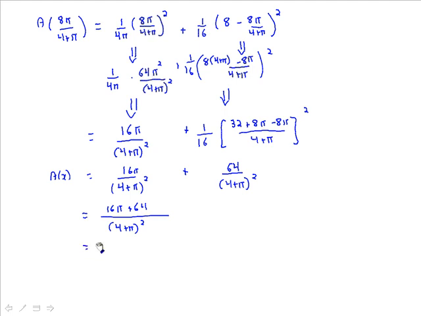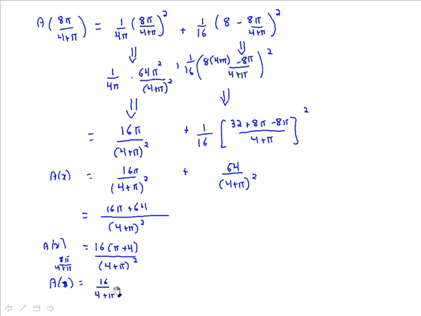Factor out a 16, and you'll get pi plus 4 all over 4 plus pi to the 2. And then we get another break, because one of those pi plus 4's is going to cancel. So A as a function of x, where x is 8 pi over 4 plus pi, is going to leave you with 16 over 4 plus pi.